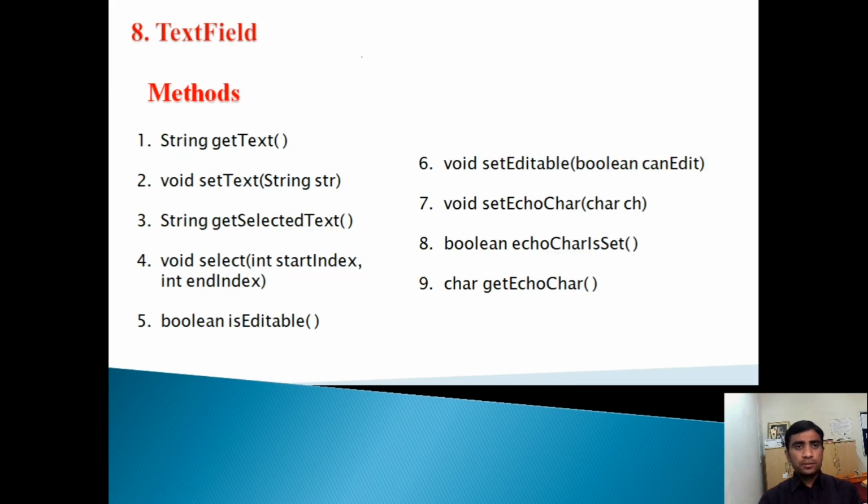Next, the methods of the text field. The first method is String getText. Suppose your frame or applet contains this text field, and you wrote some characters into it and want to retrieve what is available in the text field, then we can use this method, getText, which will return the text or characters available in the text field.